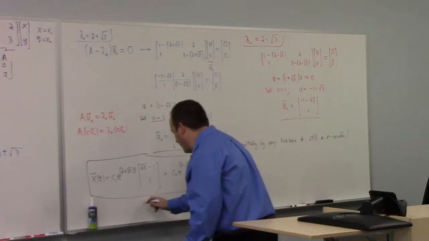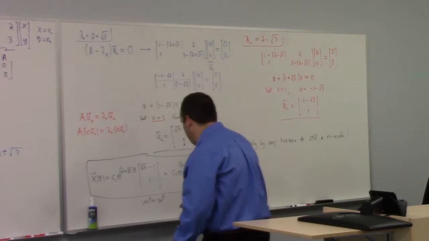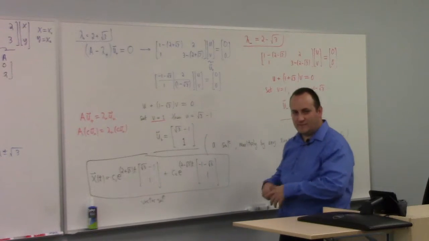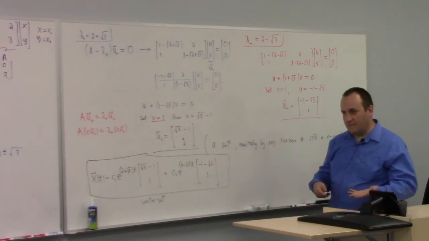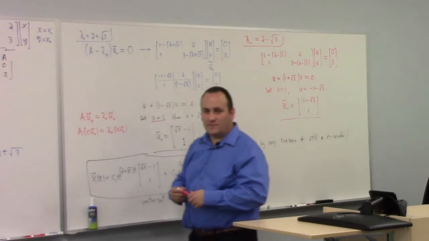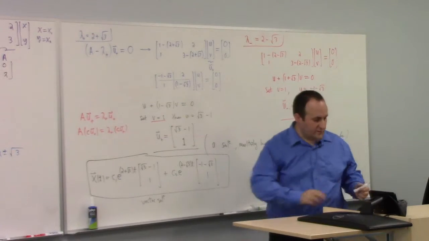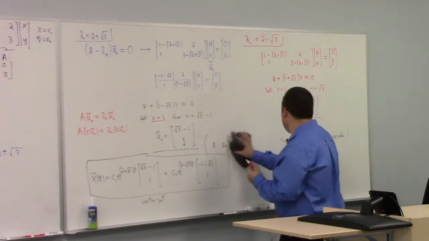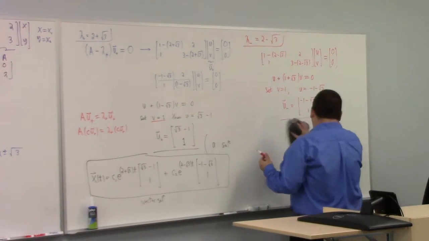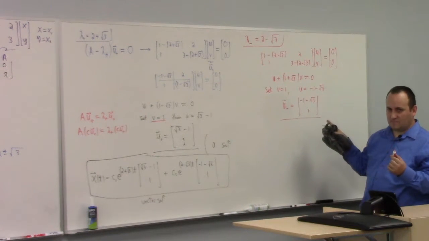Oftentimes I ask you for the vector solution because once you know the vector solution, it's a routine, and in my opinion sometimes uninteresting, to find the scalar solution. But since we haven't done it before, let's do it this time. What's the scalar solution now that we found the vector solution? Any questions about this before I erase it?